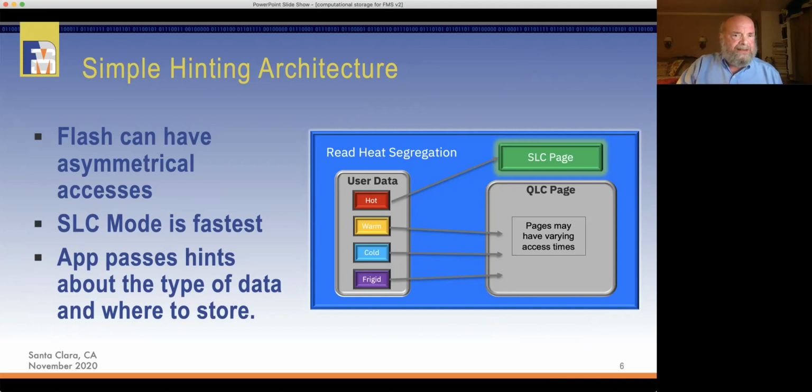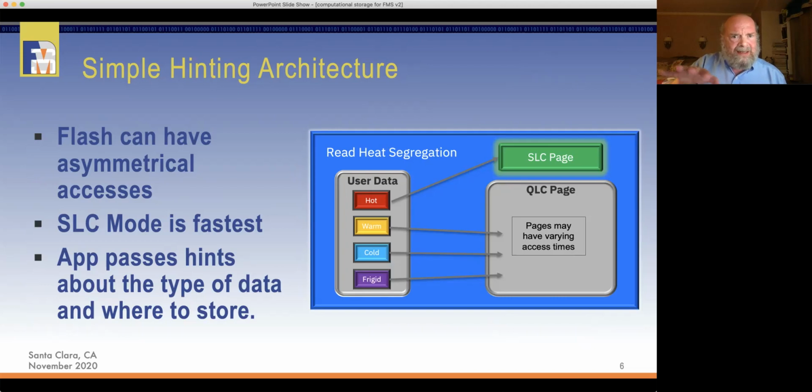That allows the SSD to put it either in SLC, or if some pages in the flash have lower access times, it can put them there. The concept is to take the data that is accessed the most and put it on the fastest media that the device has. By doing that, the overall access time can be lower.